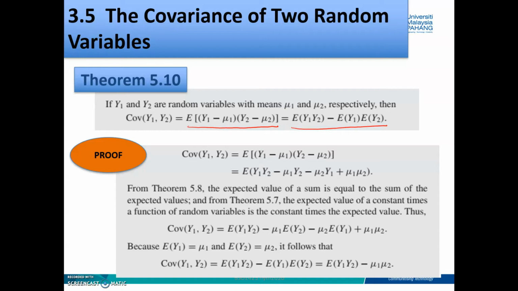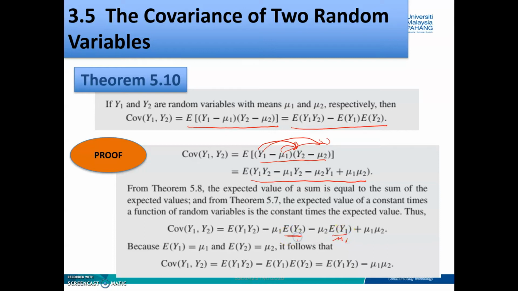You have covariance y1 y2 and then you multiply as usual, so you get this equation, and based on theorem 5.8, you can split it up. Once you split it up, you get expected y1 y2 minus mu1 expected y2, minus mu2 expected y1, plus mu1 mu2.